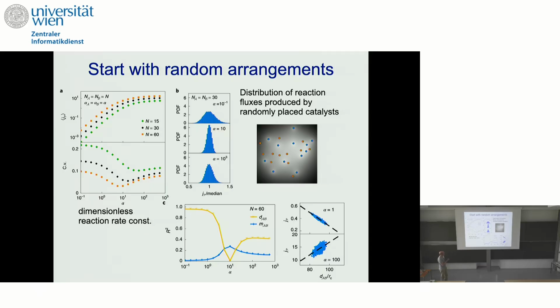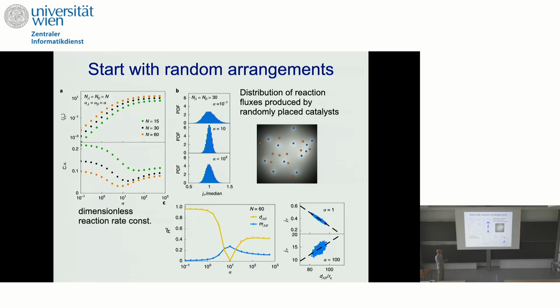And these quantities, the mean value and the variance, depend mostly on n and on alpha. And so from studying these random ensembles, we can extract some features like what determines the output of the system.